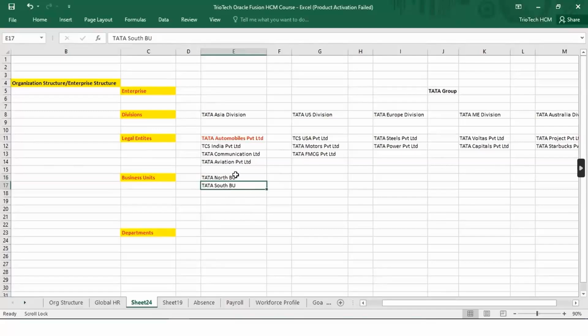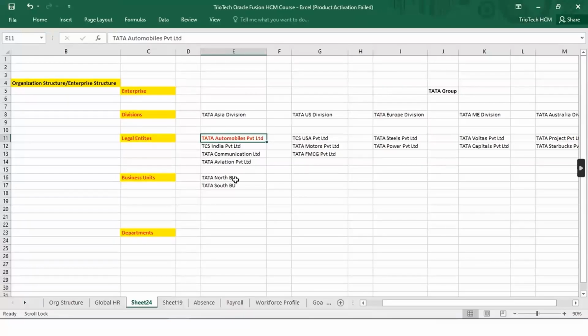People who are working in the southern part of India like Hyderabad, Chennai, Bangalore, all these people will come under South BU. People who are working in this company in Delhi, Mumbai, Kolkata, all these regions in the northern parts, will be part of North BU. So for ease of doing business, further under the company, the client can have their business operations bifurcated into multiple business units.